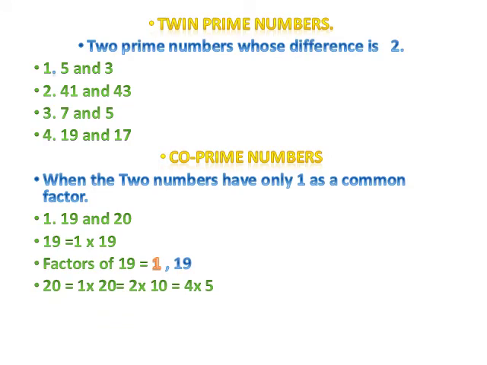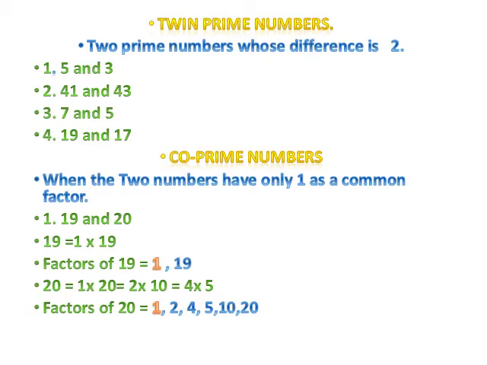Now 20 is a composite number, so it has more than 2 factors. You can write 20 as 1 into 20, 2 into 10, 4 into 5. So the factors of 20 are 1, 2, 4, 5, 10 and 20.